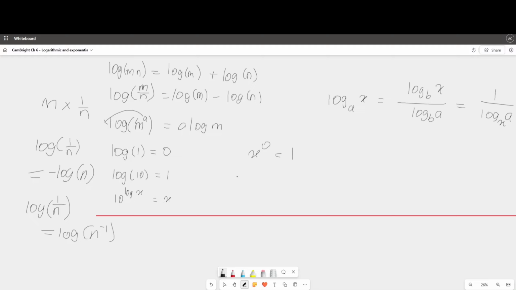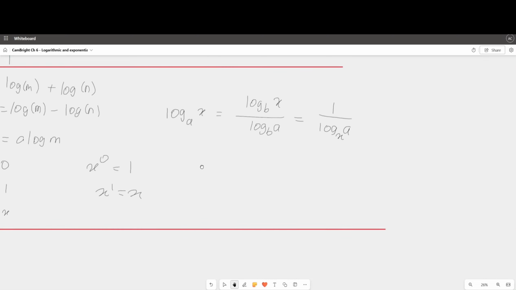Then log base 10 of 10 is equal to 1, because anything raised to 1 is again itself. Because they're inverses of each other, applying them on either of them cancels the thing. Again, same thing here: 10 to the log base 10 of x will give you x. Same thing here, log base 10 of 10 is 1.